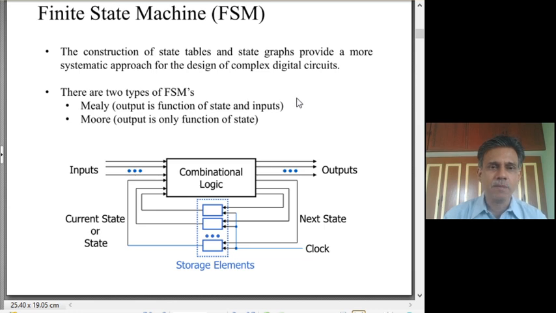Now we will distinguish between these two categories of machines, the Mealy and Moore finite state machines. To give an example of how the state behaves, you can view the state to be the mood of a person. Let us say you have a friend, and you crack a joke on your friend.